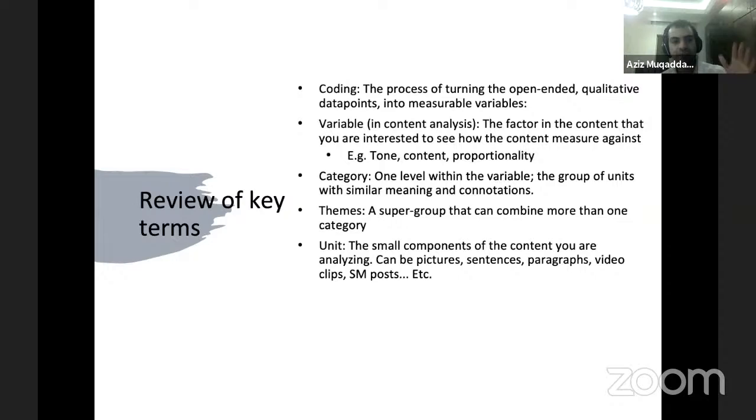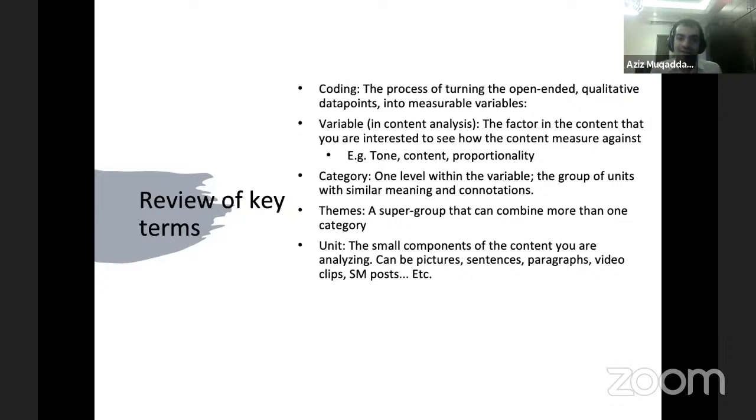I could say pessimist is 0, optimist is 2, and maybe neutral is 1. So in each sentence, when it has a pessimist tone, you mark it as 0, and if it has an optimist tone, you mark it as 2. That's what we call coding. At the end, you see how many zeros, how many ones, and how many twos you have. You can think of other examples for yourself. That's what coding means, because a number stands for a category.